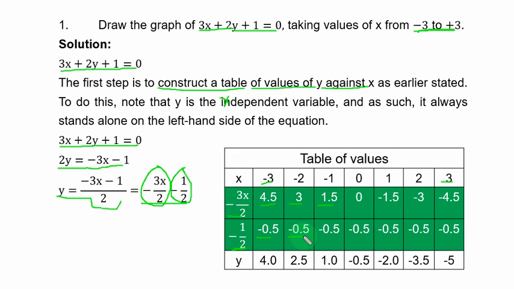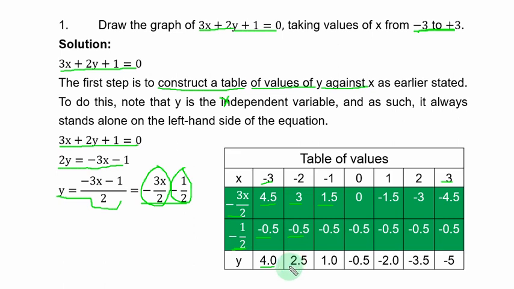So for us to get y now, what we need is minus 3s over 2 minus 1 over 2. So when we come here, we simply have 4.5 minus 0.5. That gives the first y value 4.0. Then we have 3 minus 0.5.